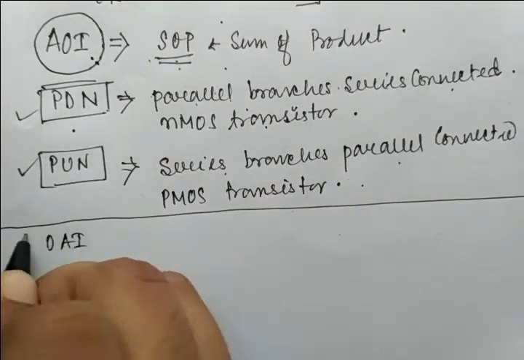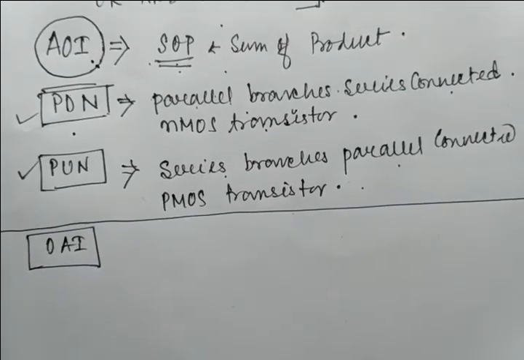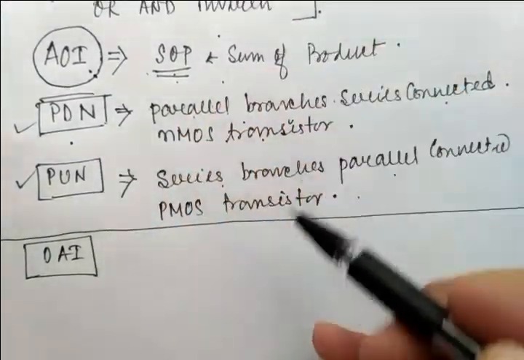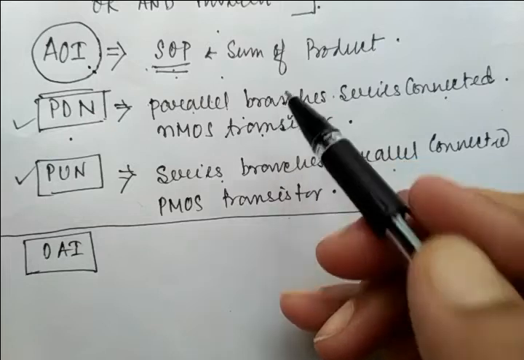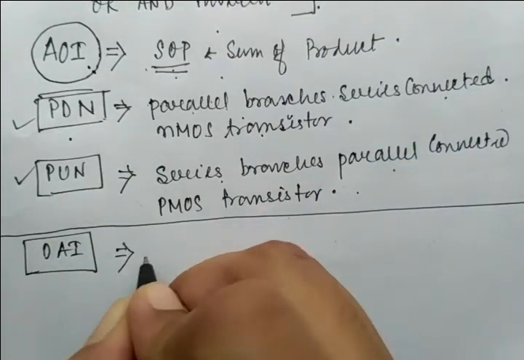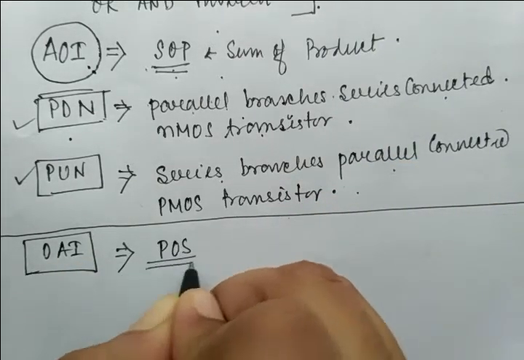Now I will come to the OAI logic, and it is very easy because it is the overall opposite of your AOI logic, right? So it is applicable for product of sum.